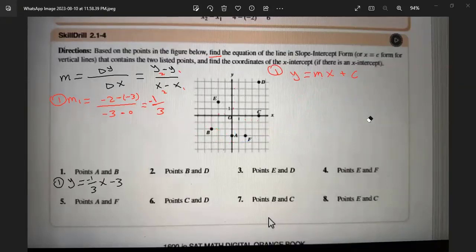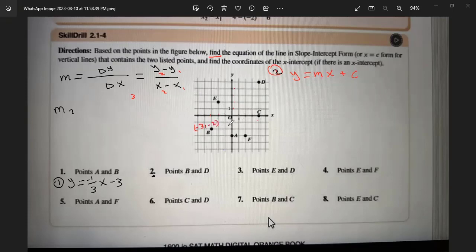All are the same steps, actually. Number 2 now, the same rules. We will get the slope m for 2. Before that, we have to check the points here. Point B, we wrote it down before: negative 3 for x and negative 2.